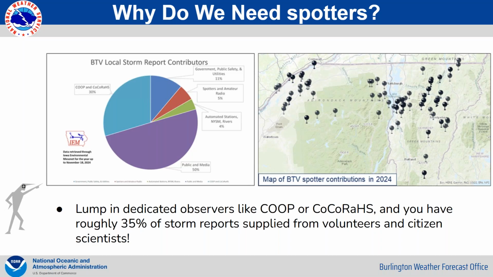So we appreciate the reports that we get from our spotters, co-op and CoCoRaHS observers. And in particular, I'd like to give a shout out to the efforts that we've been making in the St. Lawrence Valley. You can see here that our efforts have been paying off. So huge thanks to all of our St. Lawrence Valley spotters out there.